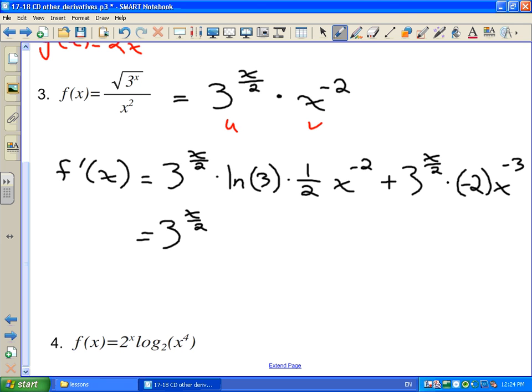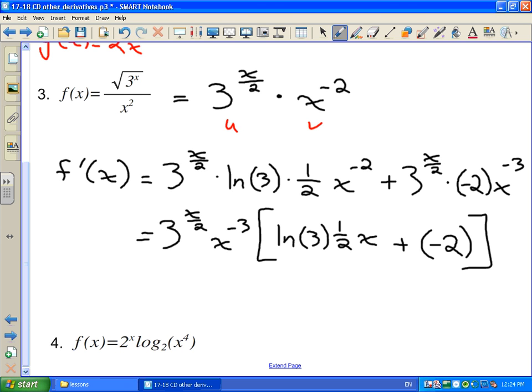So let's take out the lowest power of x. And that's going to leave us with ln 3 times 1/2 times x, because we factored out x to the negative 3, so we add 3, yeah, we get 1. And then just the minus 2. Okay.